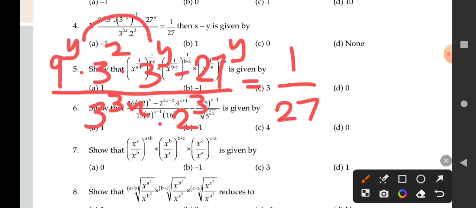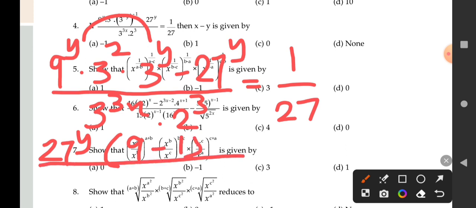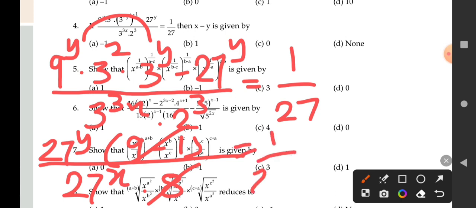So we have 27y common in the numerator. We have 3 square means 9 minus 1 and 3 cube means 27 power x into 8. So 8 gets cancelled, equals to 1 by 27, right?